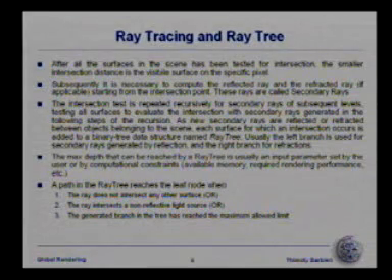Each time there is an intersection, this one is added to a binary tree data structure. So a data structure which is made like a tree, which always has only two branches. I will show you why. Usually the left branch is used for the secondary rays generated by reflection, and the right branch is used for refractions. So potentially you can go through a transparent cylinder. Casting a ray through a transparent cylinder means that your ray actually doubles.